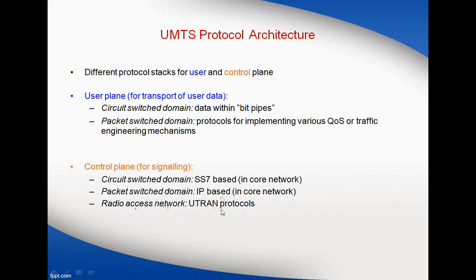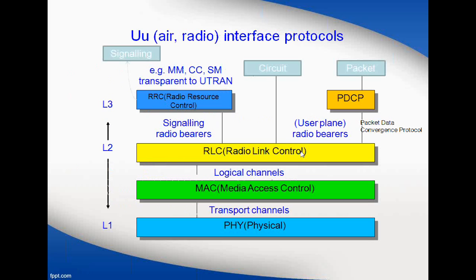And for the radio access network we have UTRAN protocols. As we saw previously, in UMTS you have your UTRAN, and this UTRAN talks to your core network. Here you have the physical layer, the MAC, the RLC, and the RRC.